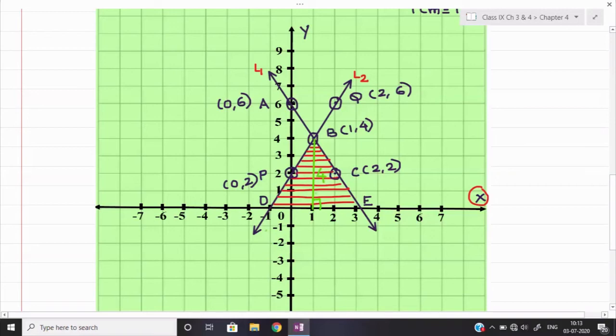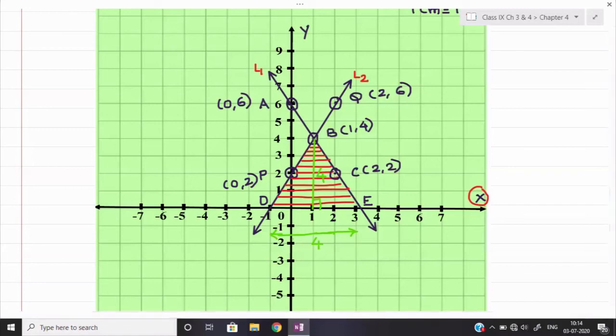So we can say that the length of this perpendicular is 4 units. And in a similar way, observe from point D to point E. So D to 0, the origin, that will be 1 unit, and then origin to E, that will be 3 units. So we can say that from the point D till the point E the length will be 4 units, because D to origin is 1, and then origin to E is 3.